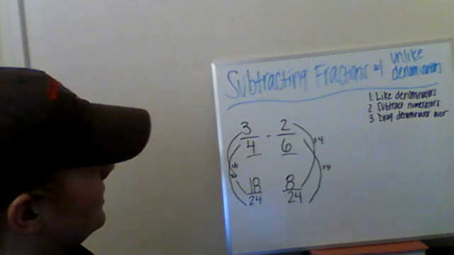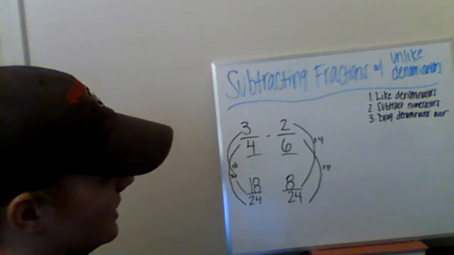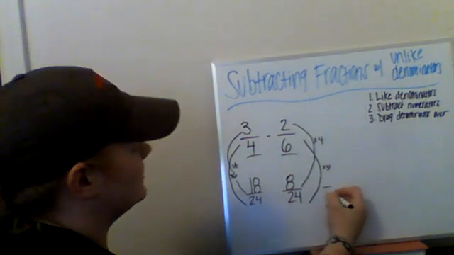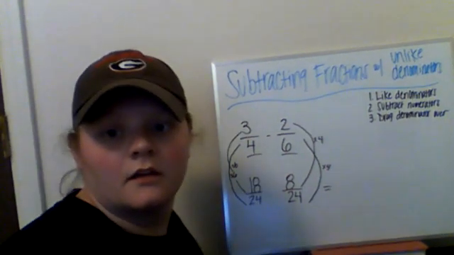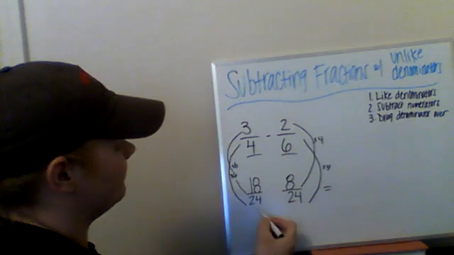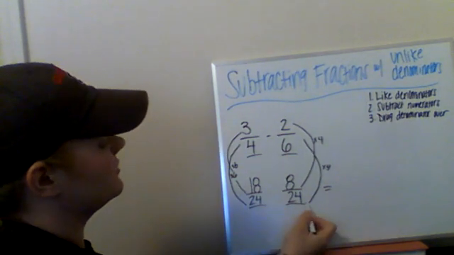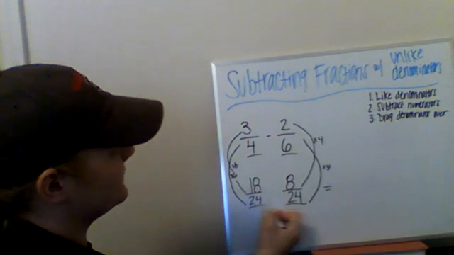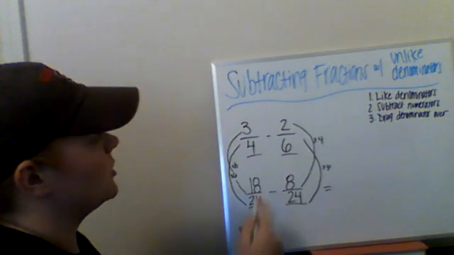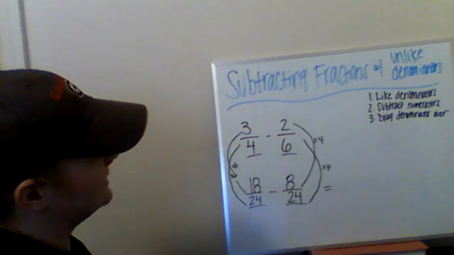All right, so now we're going to subtract them. So if I was to solve this now, my new fractions with like denominators are 18/24 and 8/24. All right? I'm going to subtract my numerators because that's my next step.